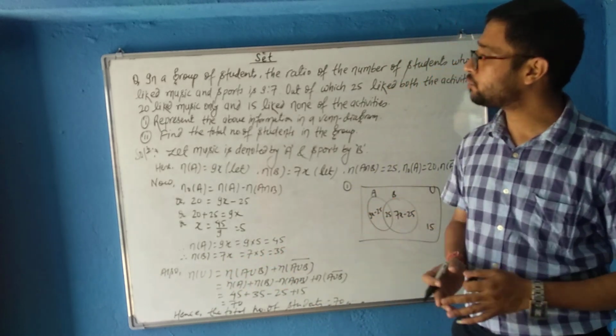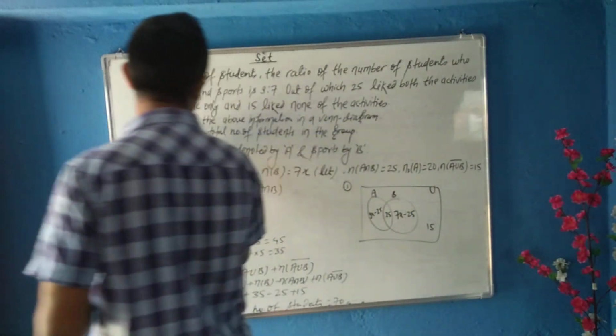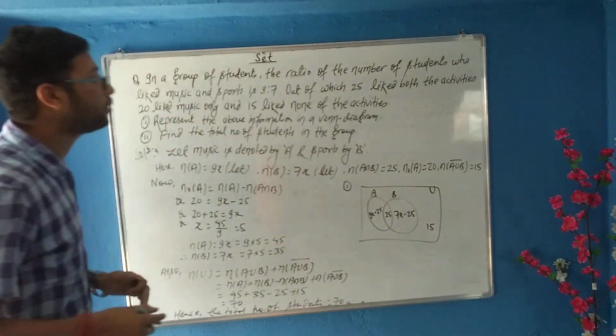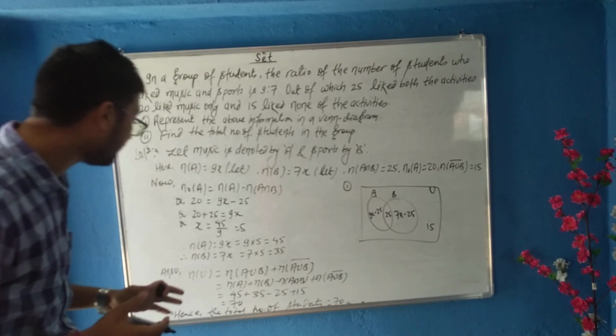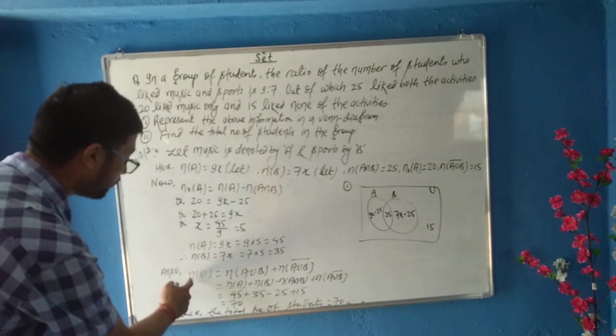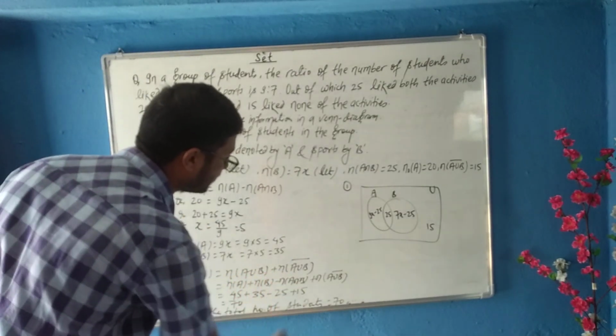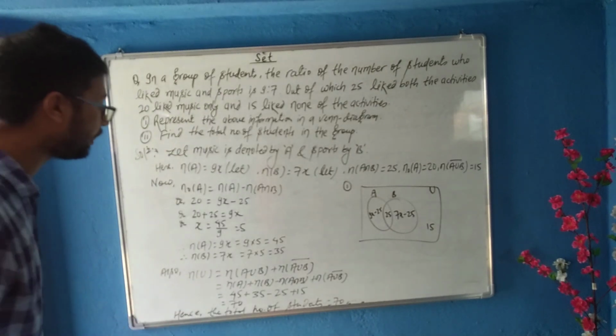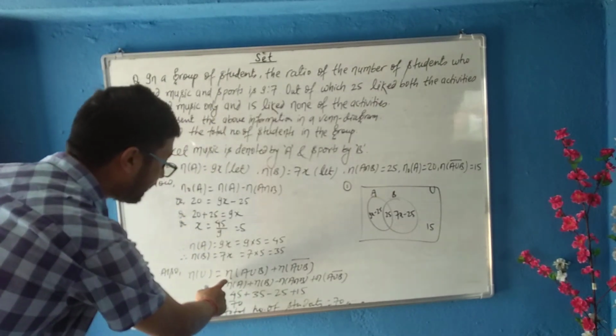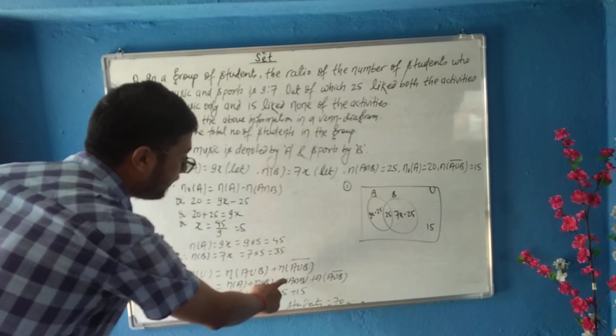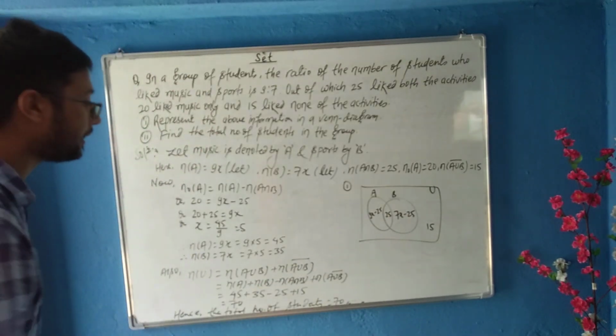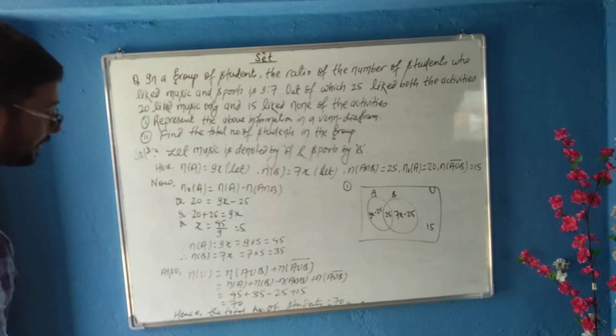Now what we are going to find next is the total number of students in a group. Total number means that is called universal set, U. So n(U) equals to n(A union B) plus n((A union B) complement), all of you in this formula. Now what is the formula of n(A union B)? n(A) plus n(B) minus n(A intersection B). This remains same. Now we are going to substitute the value.